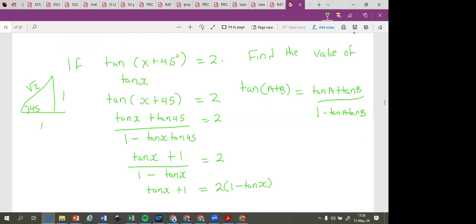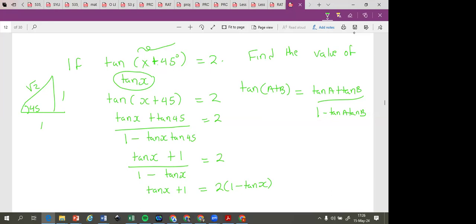Okay, the question is, they want you to find what tan x alone is. They have given you x plus 45, which is a full angle. They have told you that tan of x plus 45 is equal to 2. What about only tan x? What is it equal to?